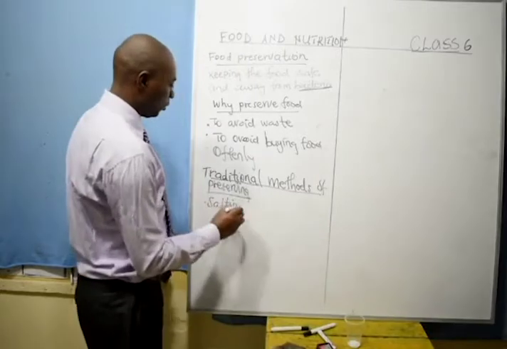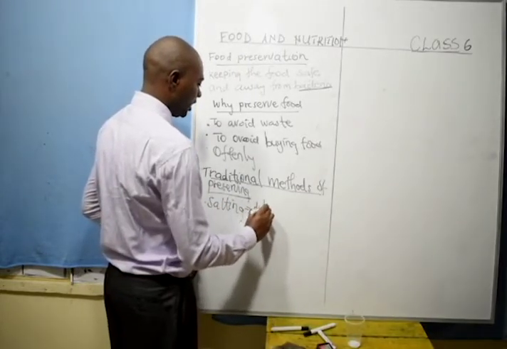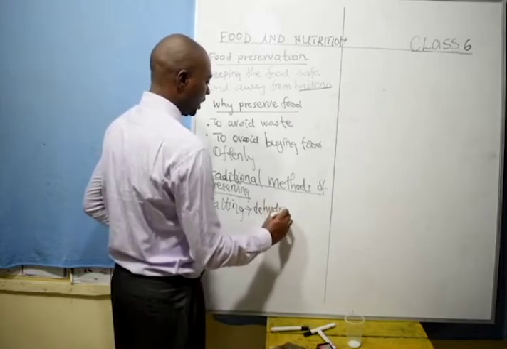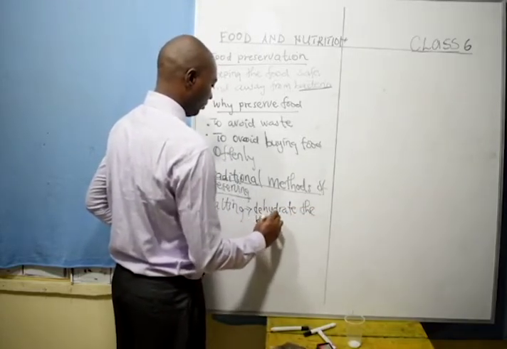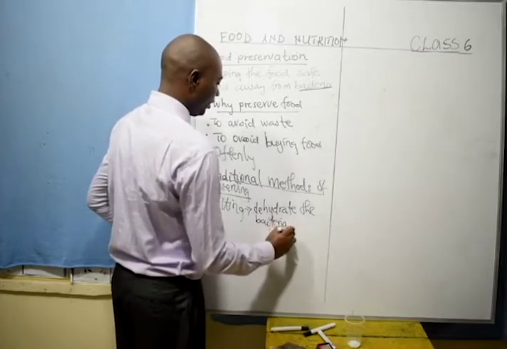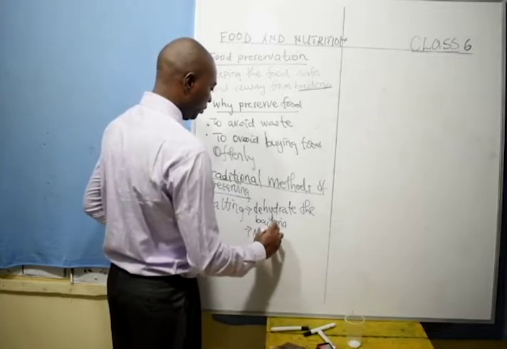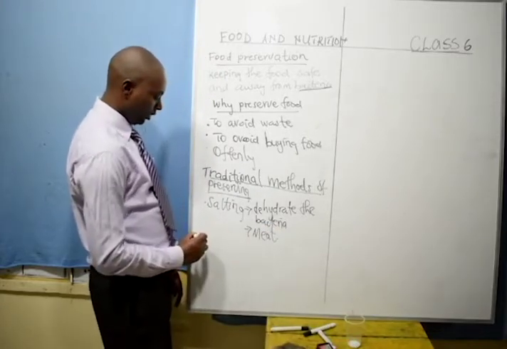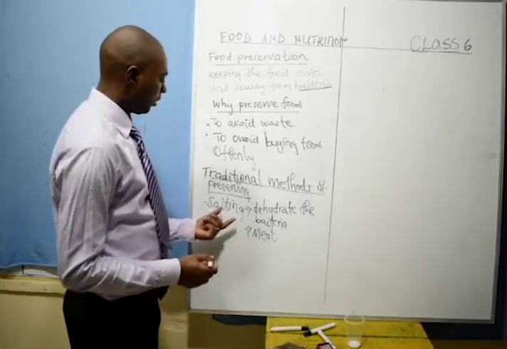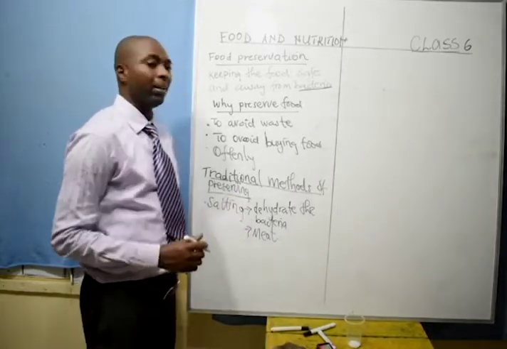Therefore, salting was mainly used to dehydrate the bacteria. Salting was mainly used to preserve meat, which was either from cattle, sheep, or fish. It is also one of the methods that was a bit cheap, but not the cheapest.